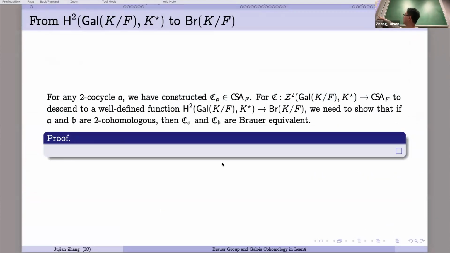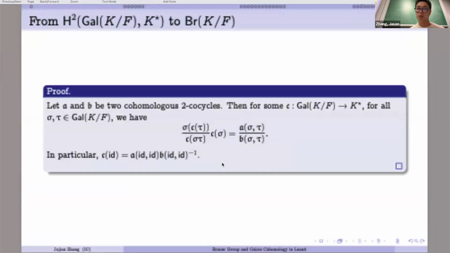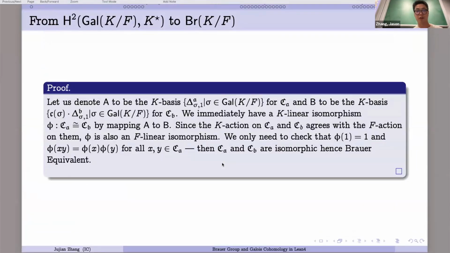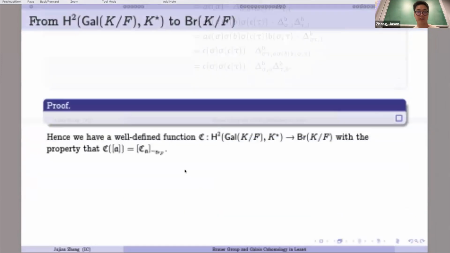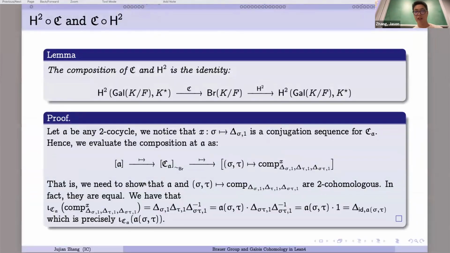Then basically we will prove that if we have a two-cocycle, then this cross product is in the relative Brauer group, and if A and B are cohomologous, then the cross products with respect to them are actually isomorphic. They are more than Brauer equivalent. They are in fact isomorphic, and this is just more calculations.